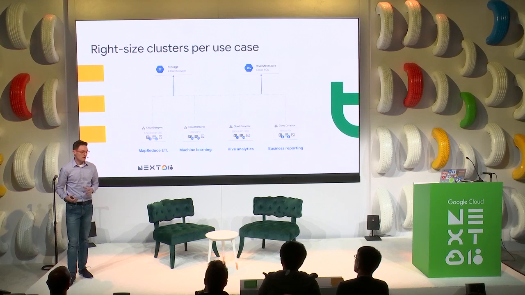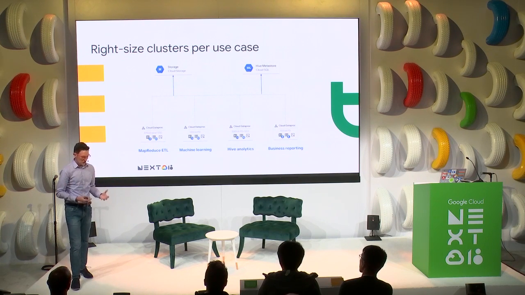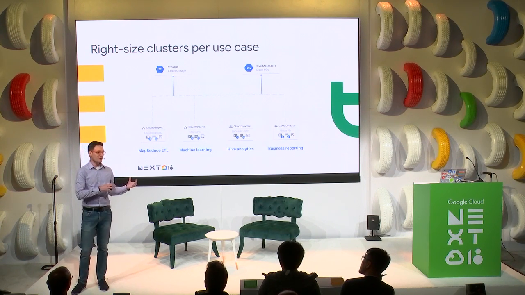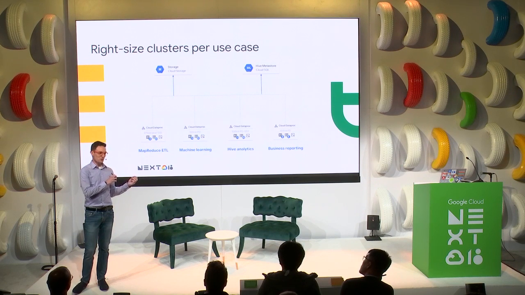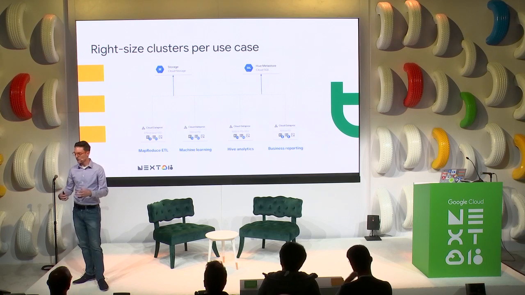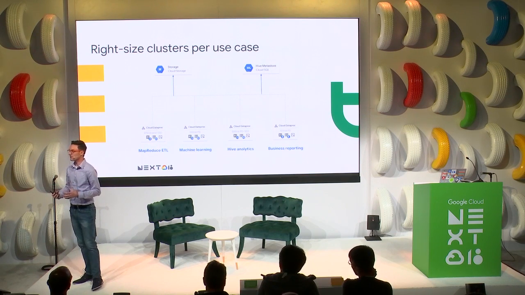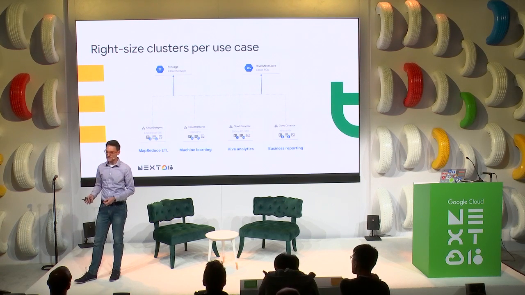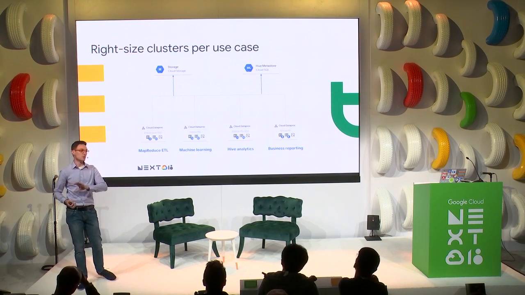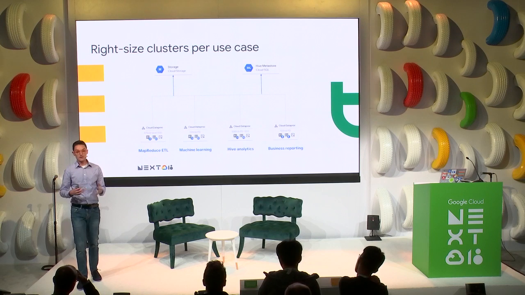Right-sizing clusters. So open source packages are great because they allow you to do a whole lot of really awesome things. They're really hard to use all on one cluster because the way that you need to configure the environment in terms of the software, in terms of the compute resources, maybe in terms of the location where your data is located, can all vary.